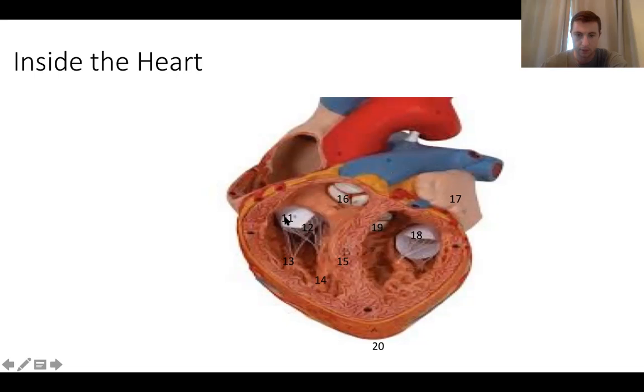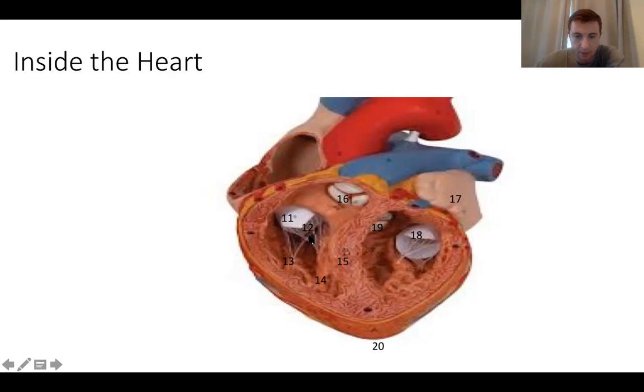Okay, so 11. There's these two valves right here. These two valves, and what I didn't label is the left and right ventricles. So this is the right atrium right here. This valve pushes deoxygenated blood into the right ventricle.